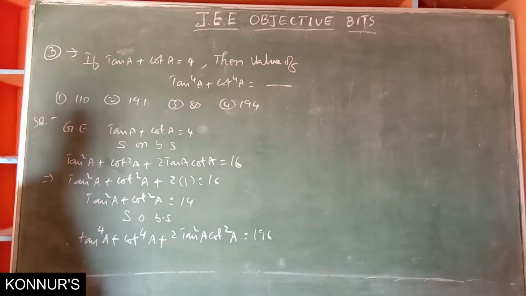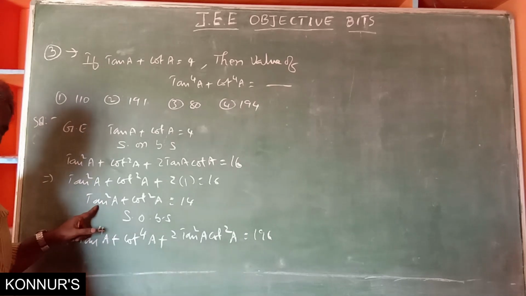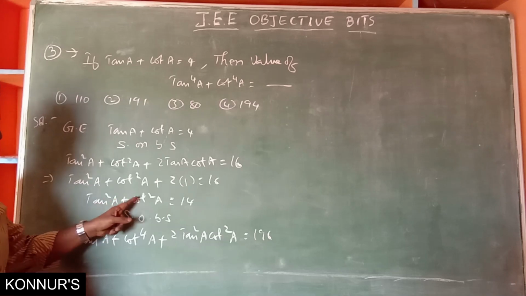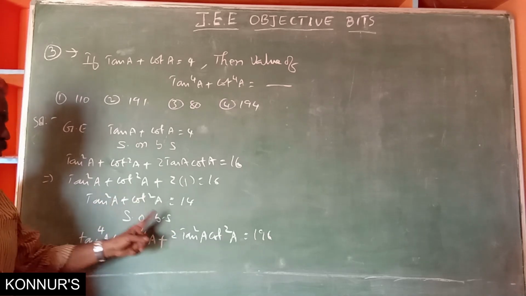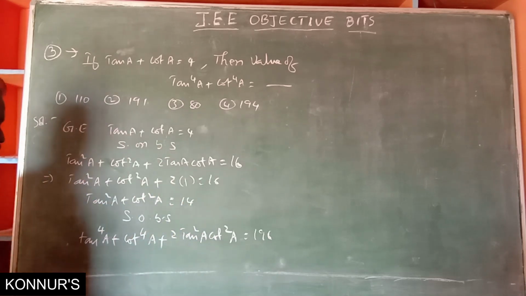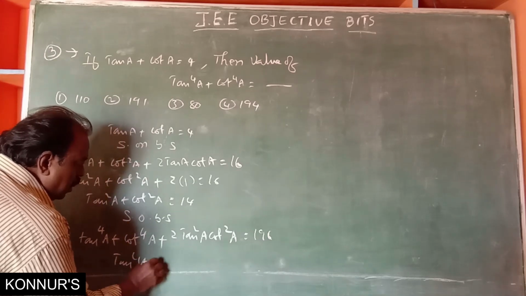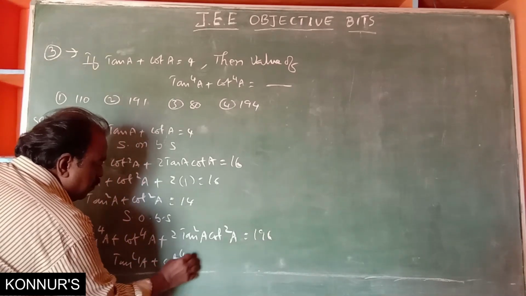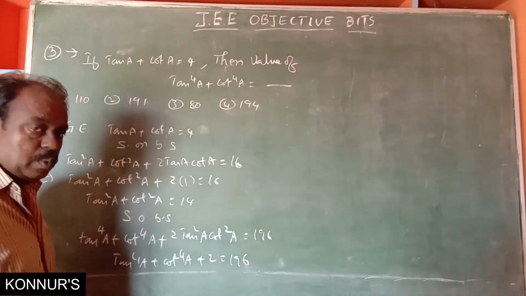You see, A plus B, here A is itself tan square A. A square means tan square whole square, tan power 4, cot square whole square, cot power 4, plus 2AB, 2 tan square A cot square A, is equal to 14 square, which is 196. But we need only tan power 4A plus cot power 4A plus 2 is equal to 196. Okay, now?